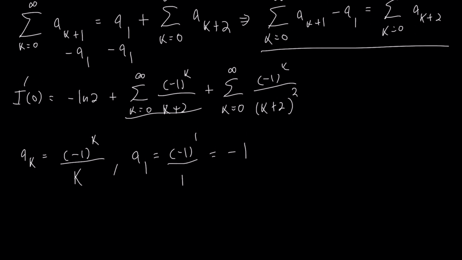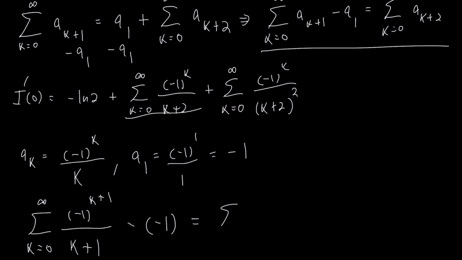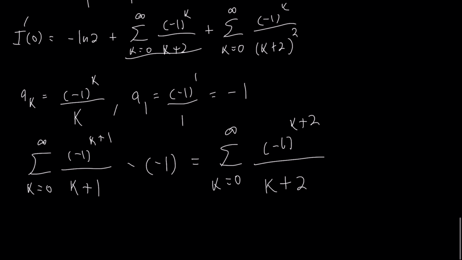So using this, we have that the sum from 0 to infinity of a sub k plus 1, which is -1 to the k plus 1 divided by k plus 1, minus -1 equals the sum from 0 to infinity of a sub k plus 2, which is -1 to the k plus 2 divided by k plus 2. And so this will become a positive 1.